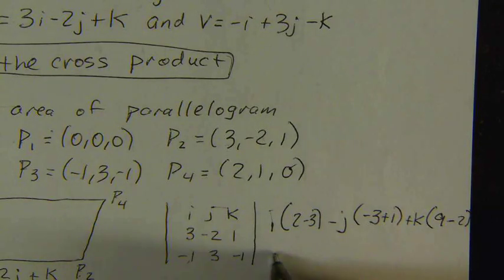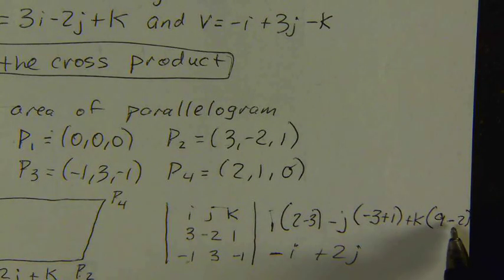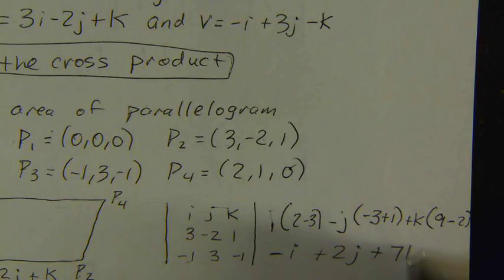So now I've got negative i, that's negative 2 times negative j, so plus 2j, 9 minus 2 is 7, plus 7k. So there's the cross product vector, negative i plus 2j plus 7k.